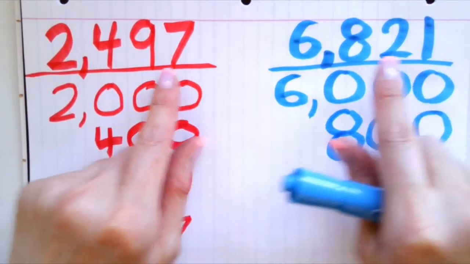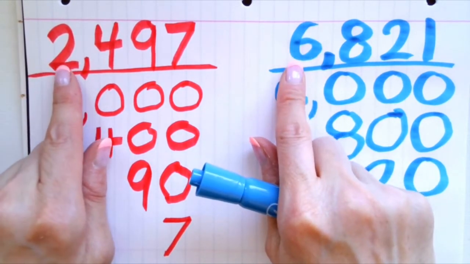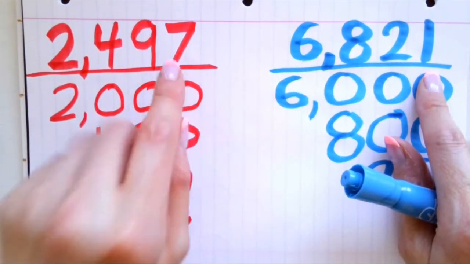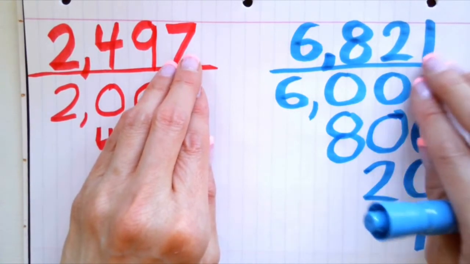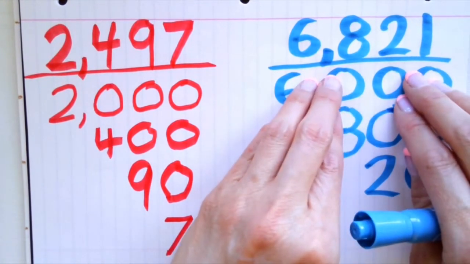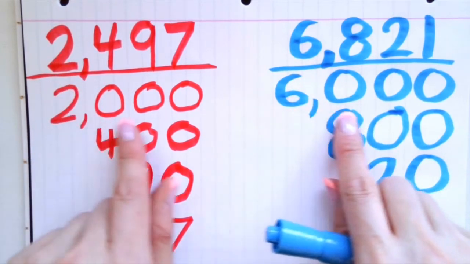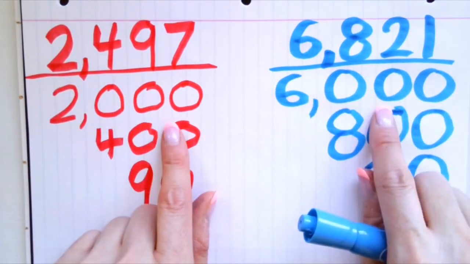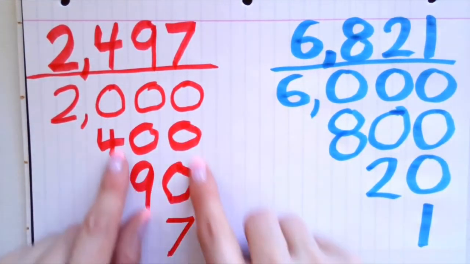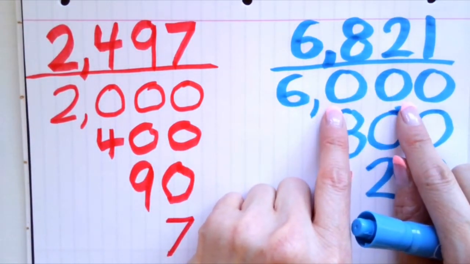When we are comparing the numbers, remember in our example, we looked at the biggest place value and compared it first. While it is true that this number has 7 ones and this number only has 1 one, this is still the bigger number. Because if we just look at the biggest place value, 2,000 and 6,000, we can see that even with all of this added to 2,000, it will never be as big as 6,000.